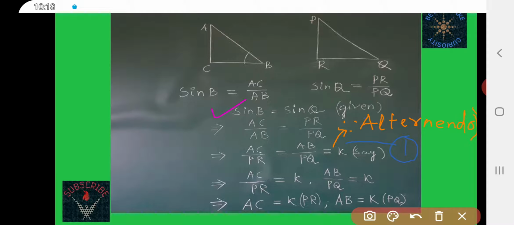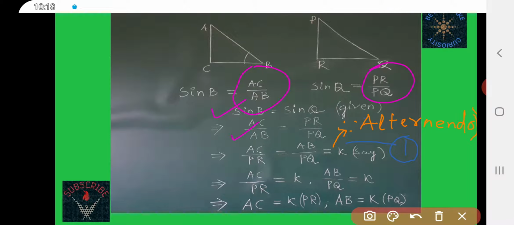So here sin B is equal to sin Q, given. So sin B we have AC by AB, and you know sin Q is equal to PR by PQ.